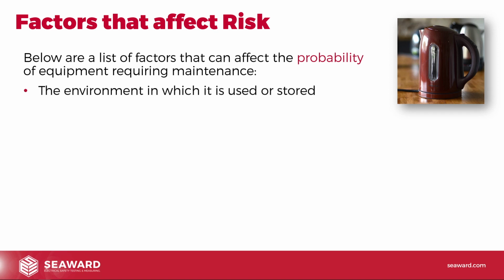Typical example of that: the environment in which the item is used. From a probability point of view, if we've got equipment in a harsh environment like a building site or out in the weather, outdoors, that increases the probability that the equipment is going to go wrong. Again, we've said on here the environment in which it's stored. If equipment is stored in a damp area where there's condensation that could cause corrosion, there's greater risk that maintenance is going to be required.